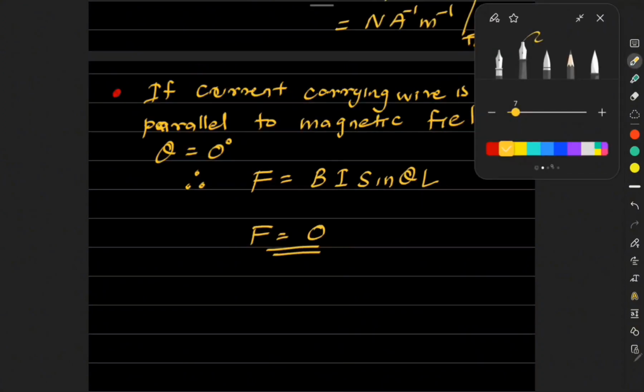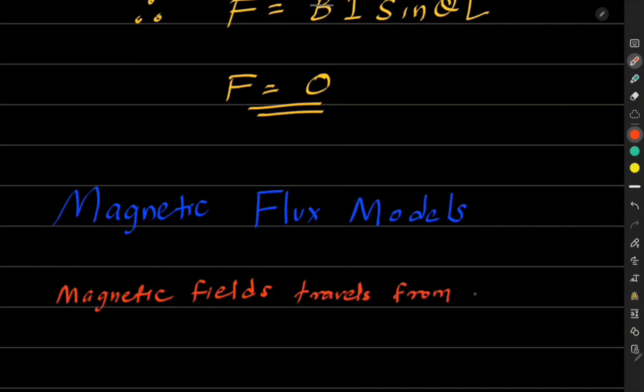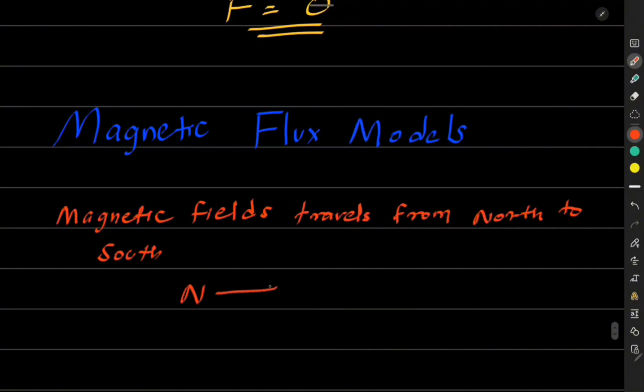Now we are going to look at the magnetic field models. The magnetic field always travels from north to south. There are 5 magnetic models.